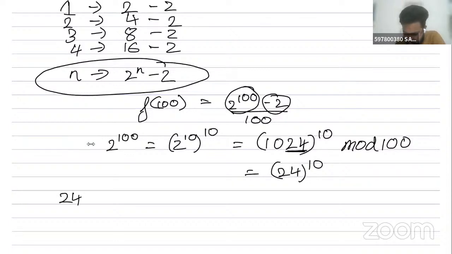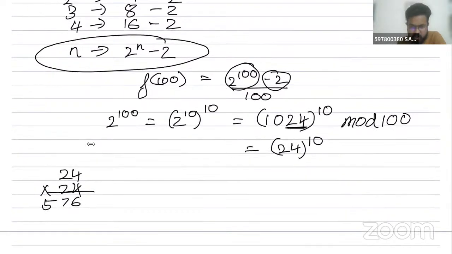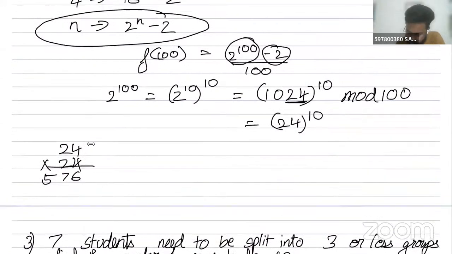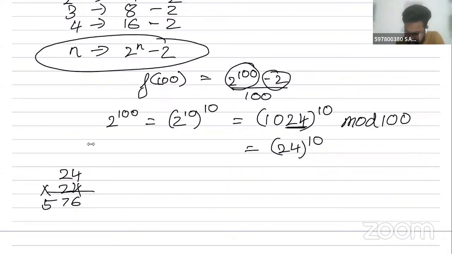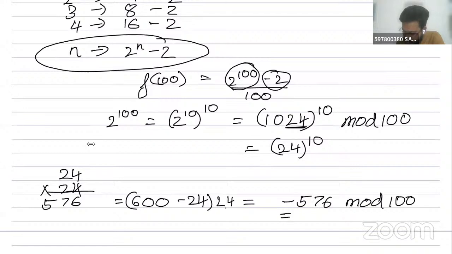Now 24 times 24 is, I'll just write it fast, 576. And you notice that 576 is equal to 600 minus 24. When you multiply this by 24 again, 24 times 600, in the last two digits, there is no contribution. But what will contribute is minus 576, which is equal to minus 600 plus 24.